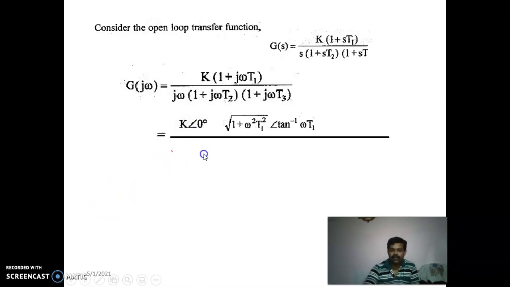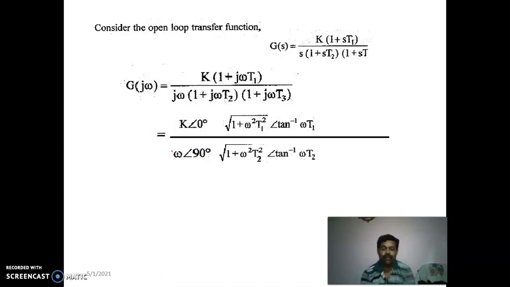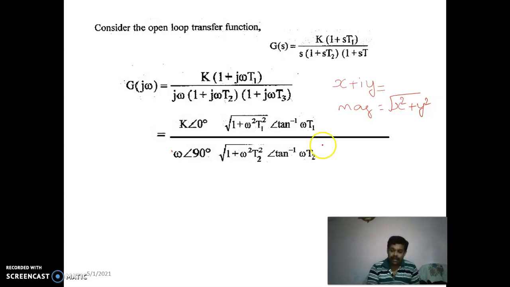So now we are finding the magnitude and phase. For example, if you have a complex number x + iy, its magnitude is the root of x squared plus y squared.